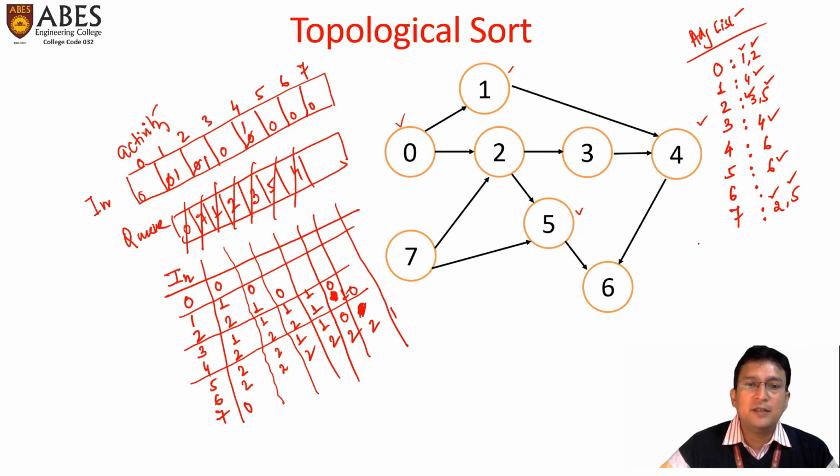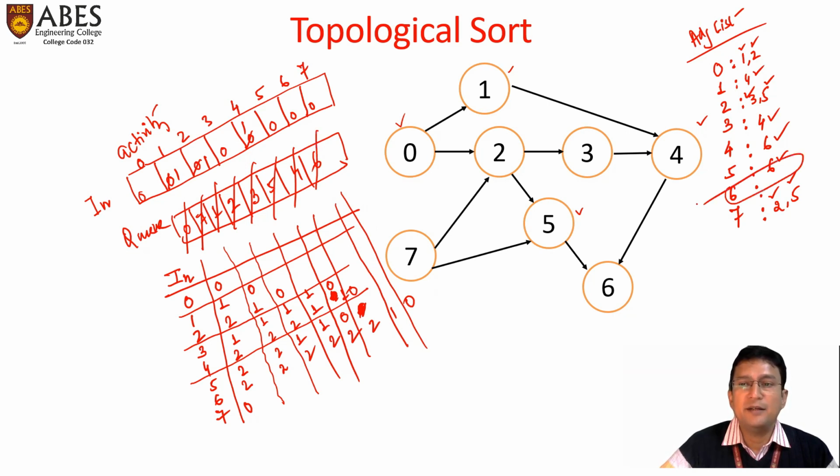So let's remove this 4 from the queue now. The 4 has the connection 6. So now the 6 in degree will be reduced from 1 to 0. And since it has got in degree 0, that should be included in the queue. So since we have got the in degree of 6 as 0, and we have included that in the queue, when we remove this 6, there are no connections from 6.